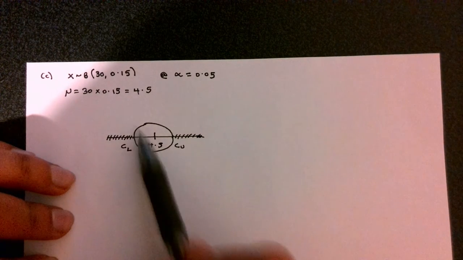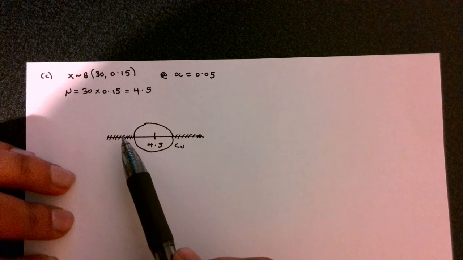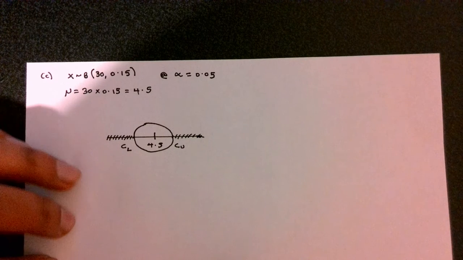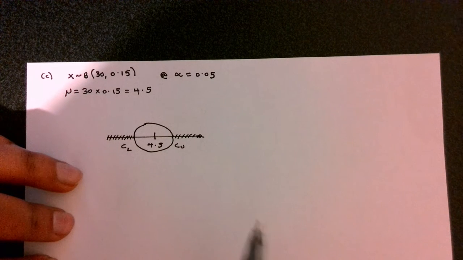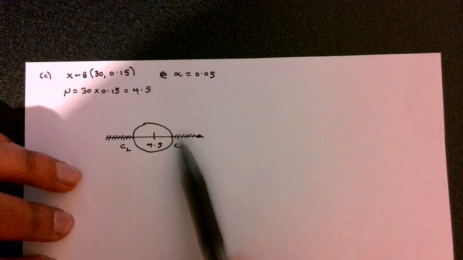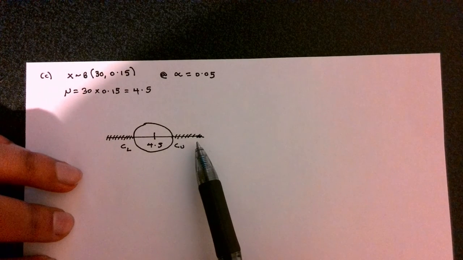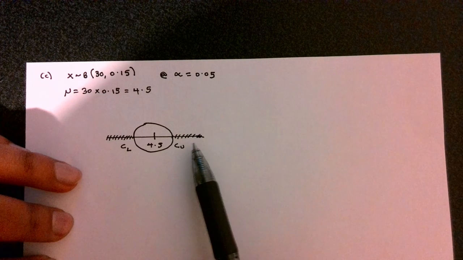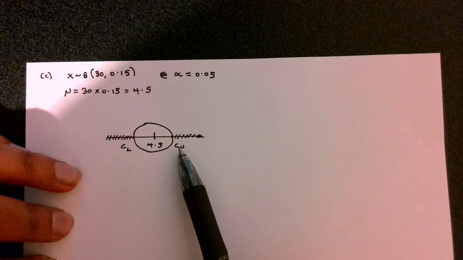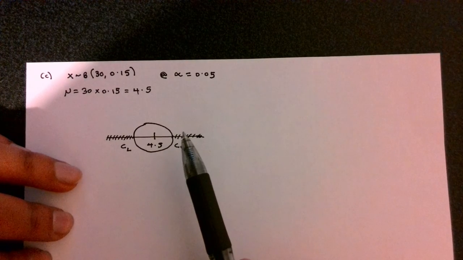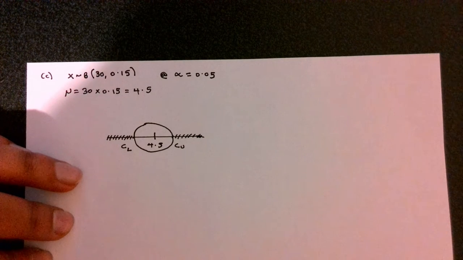The region where we reject H0 is when the probability that X is less than or equal to CL is less than 0.05, and over here we reject H0 when the probability that X is greater or equal to CU is less than 0.05.